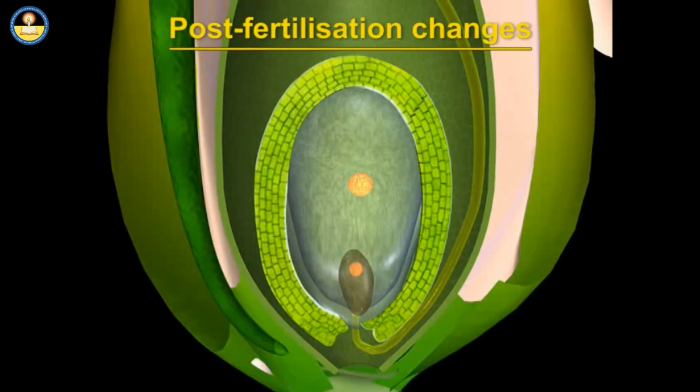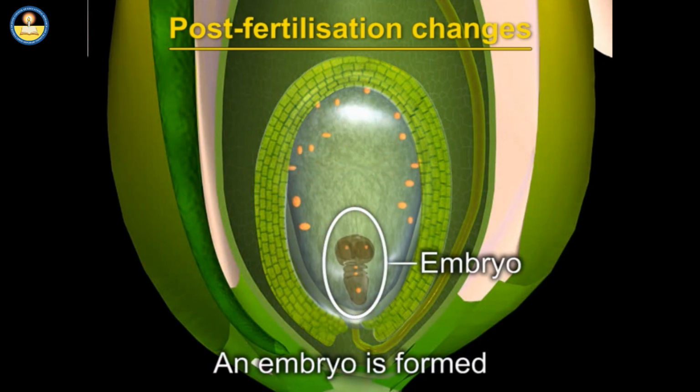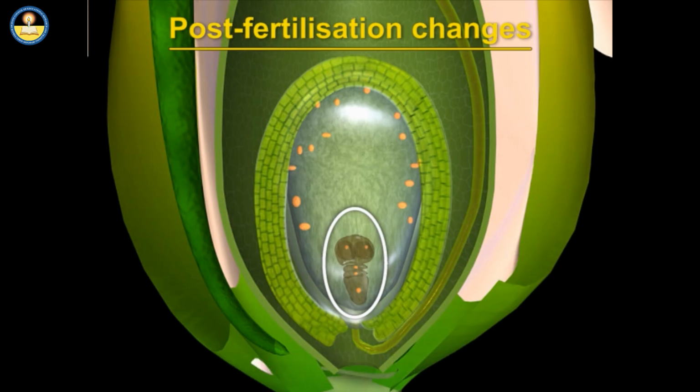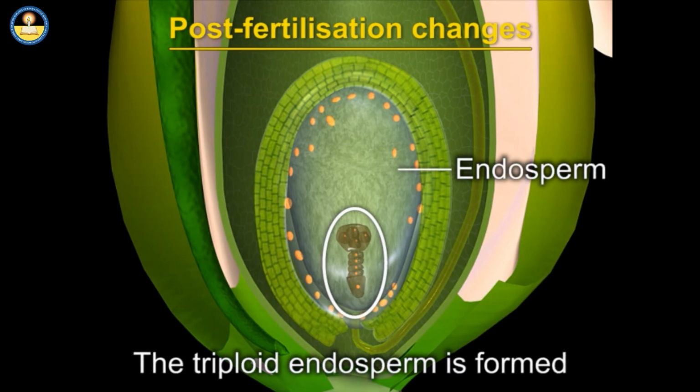As a result of fertilization, the following changes are observed in a flower. After fertilization, the zygote undergoes a number of mitotic divisions and forms a multicellular embryo. The product of triple fusion undergoes mitotic divisions to form a mass of cells called endosperm.